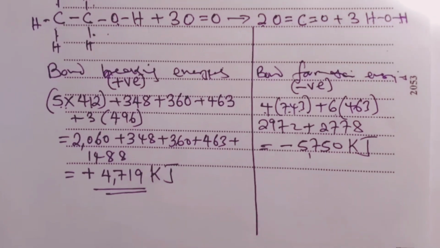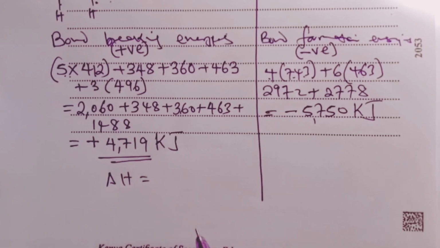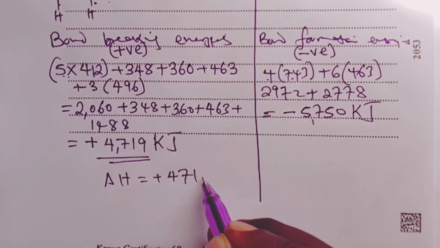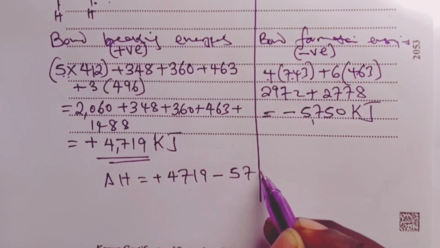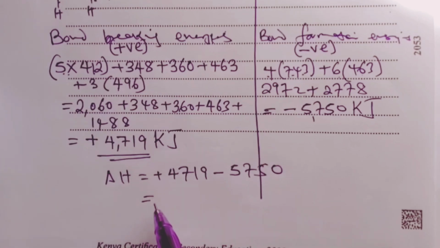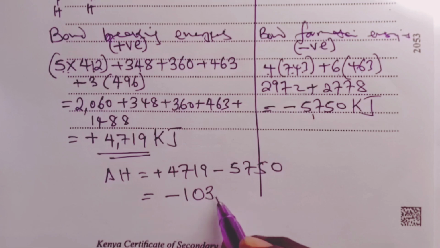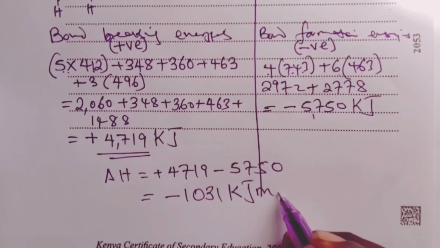And to get now my enthalpy change, I need to add bond formation energies to the bond breaking energies. When I do this, I get a value of negative 1031. This time my units are kilojoules per mole.